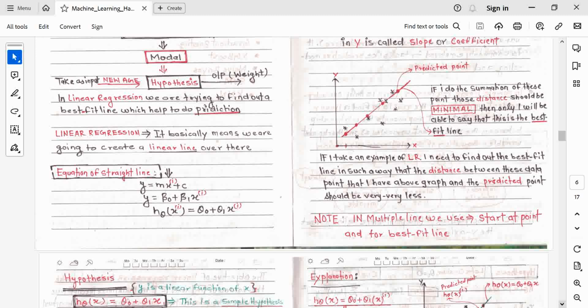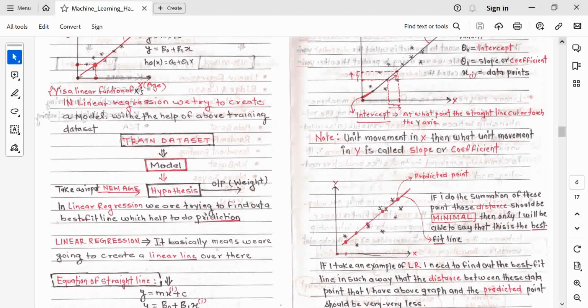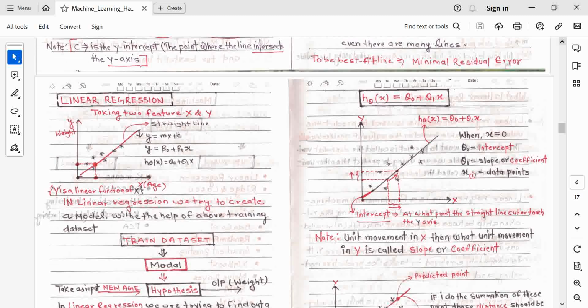So y equals beta 0 plus beta 1 xi, which is written as h theta of x i equals theta 0 plus theta 1 x i. These are the notations to understand for machine learning algorithms.